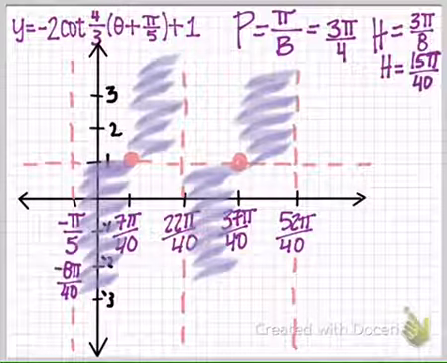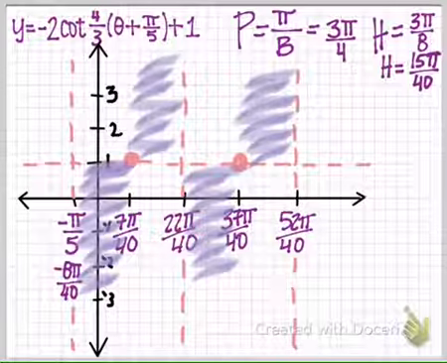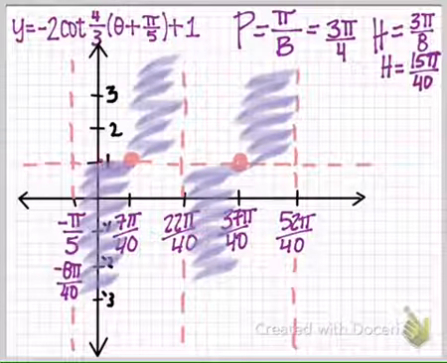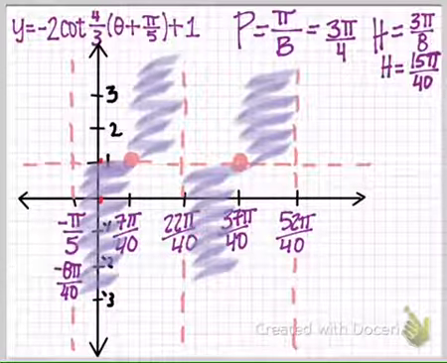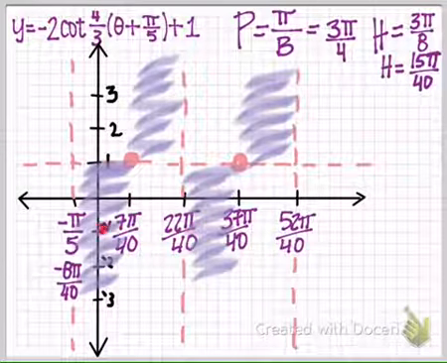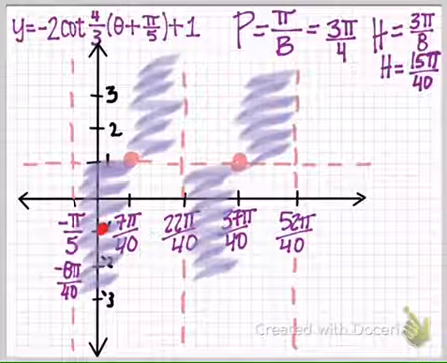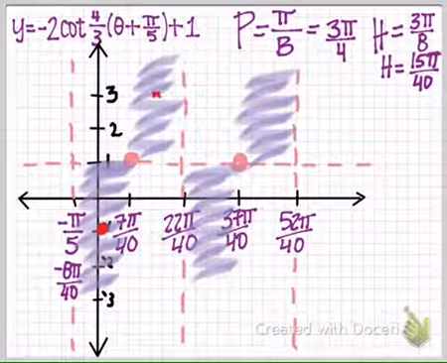And because of what Katie said, the vertical stretch, from halfway between I'm going to go down 2 units. So it's going to be near the x-axis, probably not exactly there, but close to it. Right about here, exactly between 7 pi over 40 and 22 pi over 40. We're going to be up here at 3.